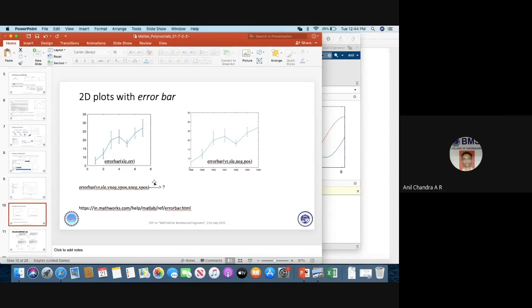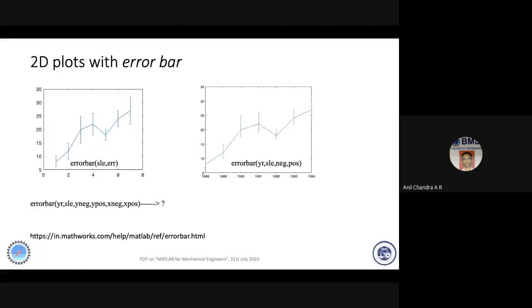Now, this is very important: how to plot with error bars. I often see, especially in project reports and presentations, that error bars are not indicated. It is not permissible to accept such work, because error bars indicate how many trials you've done, what the scatter in the data is, and how you have fit the curve.